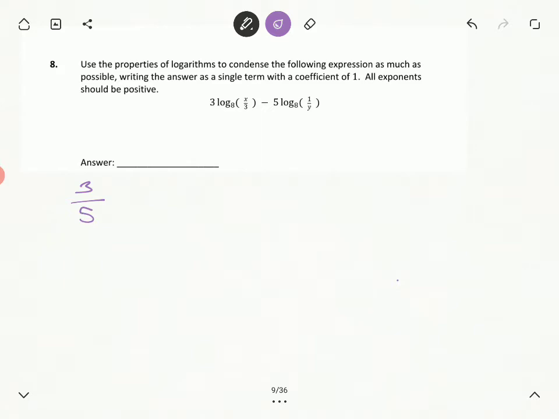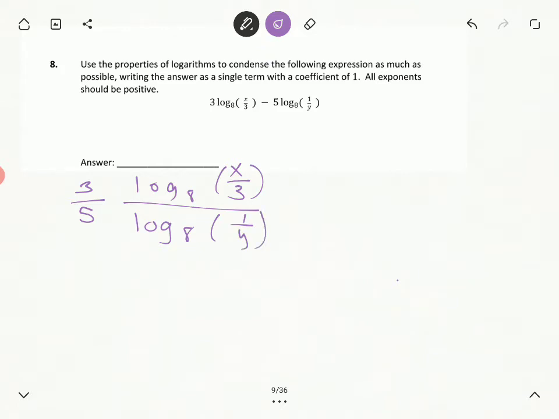So we have this to become log base 8 of x over 3 to the 3rd divided by 1 over y to the 3rd. And when we divide, we multiply by the reciprocal.